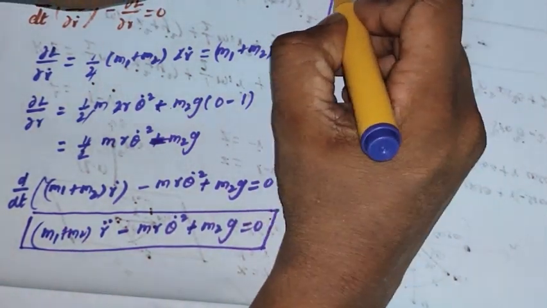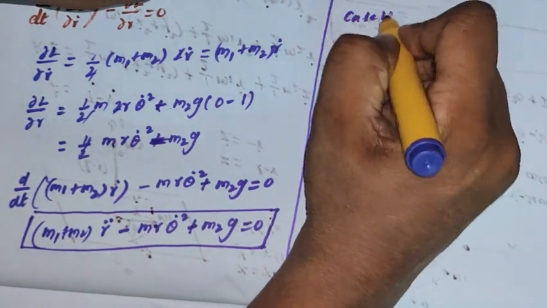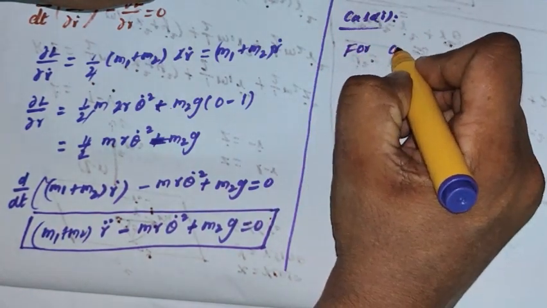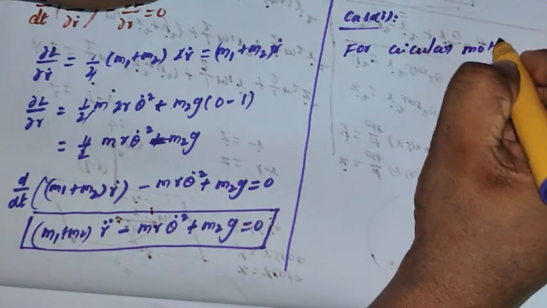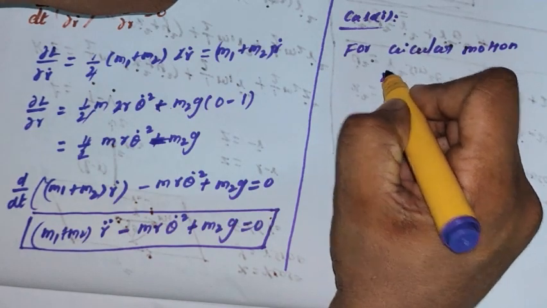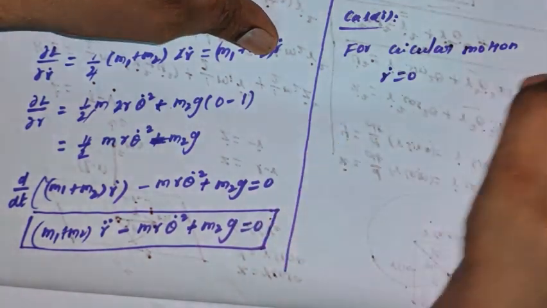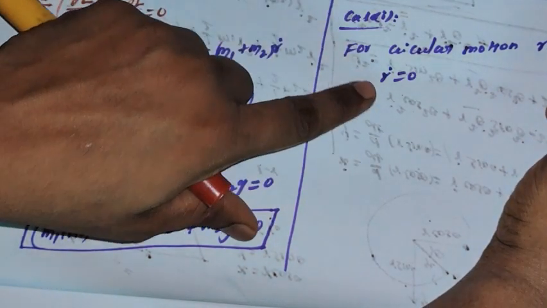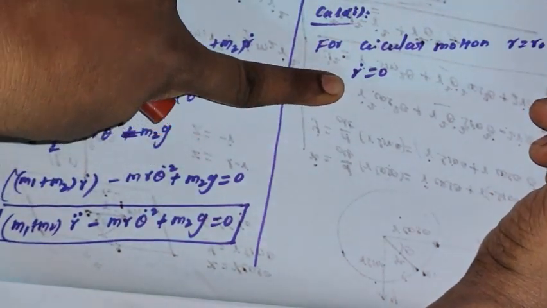For the circular motion, the first condition we have to make, case 1 for circular motion, we can call r dot equal to 0, because for the circular motion r equals r naught. That means the radial coordinate is constant for the perfect circular motion, so the radial derivative is 0.